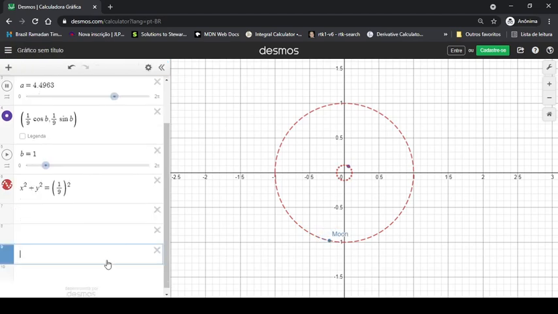And let's call this satellite. Okay, so here we can see the satellite moving. Now I think that's it.